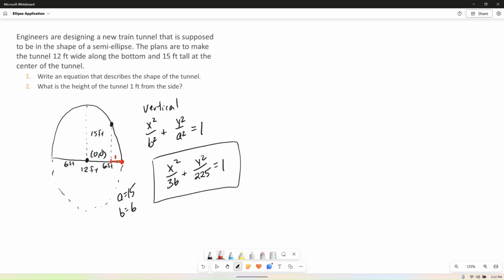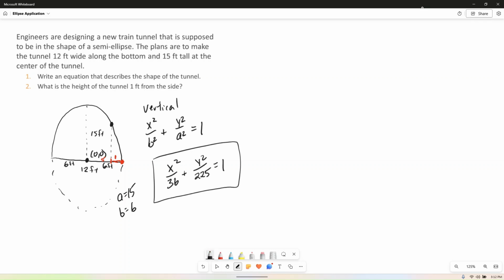Well, if we're coming in 1 foot from the side, how far are we from the center? Because remember, the center is at the origin. So if the whole width from center to the outside point is 6 feet, then from the center to that 1 foot in mark is actually 5 feet.